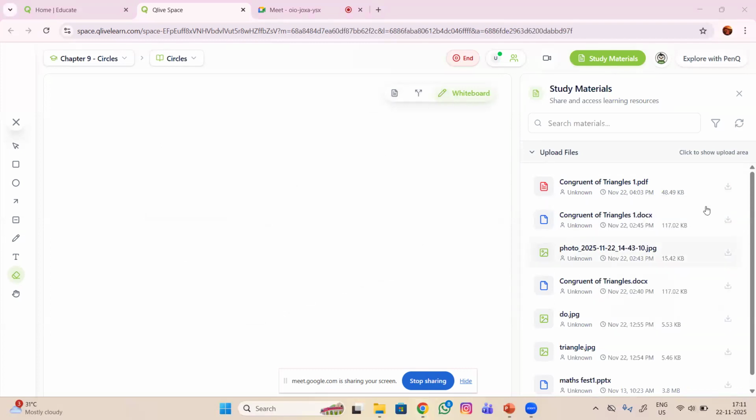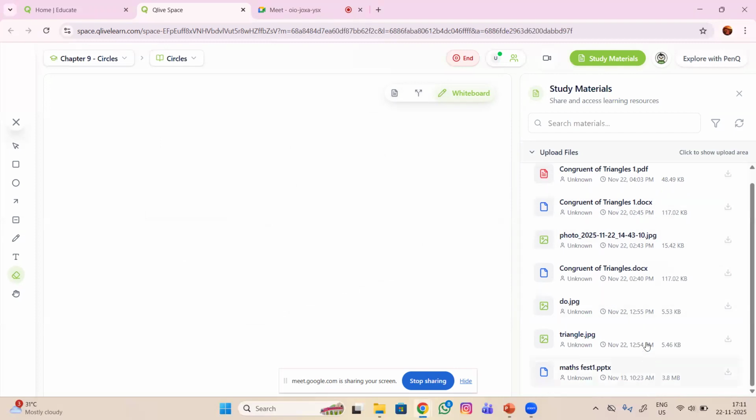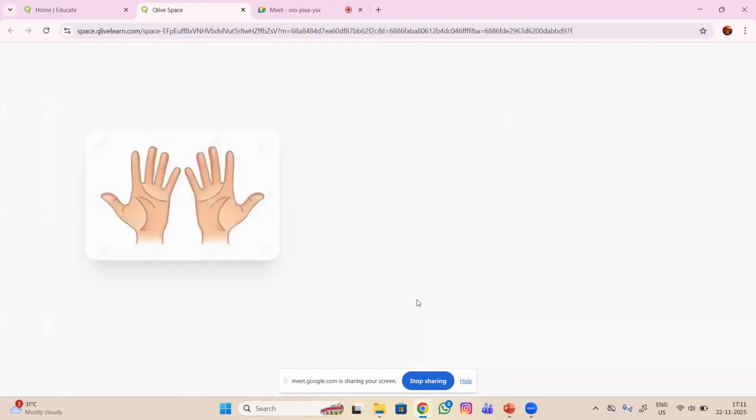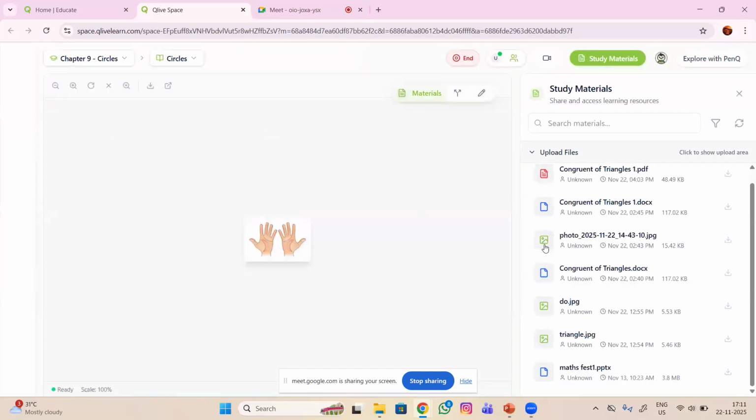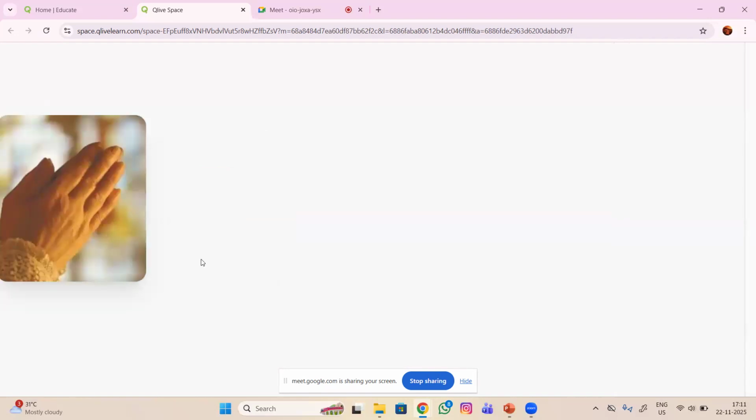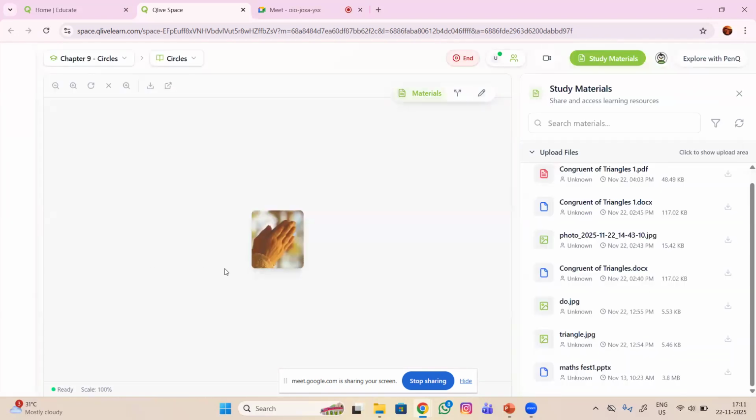I will show you this is the way to hold your palms. And bring the hands face to face with each other. This is the way to show this figure.